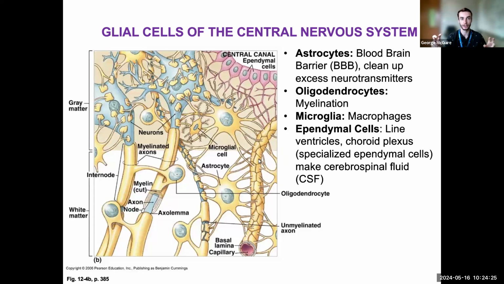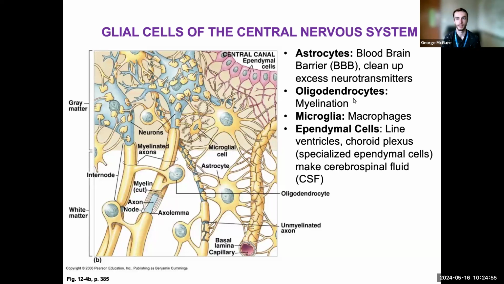We have this barrier that controls the diffusion and absorption of nutrients in and out of the circulatory system to the cerebrospinal fluid, etc., and back and forth. So that's mainly what astrocytes do. They also clean up the excess neurotransmitters once they have already sent their signal at the end of that synaptic terminal. So they'll help pick those back up and get them back into the synaptic knobs of the previous neuron.